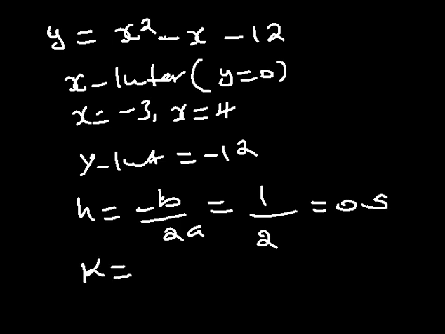Then how should we find k? So now k will be given as 0.5 to the power 2 minus 0.5 minus 12.